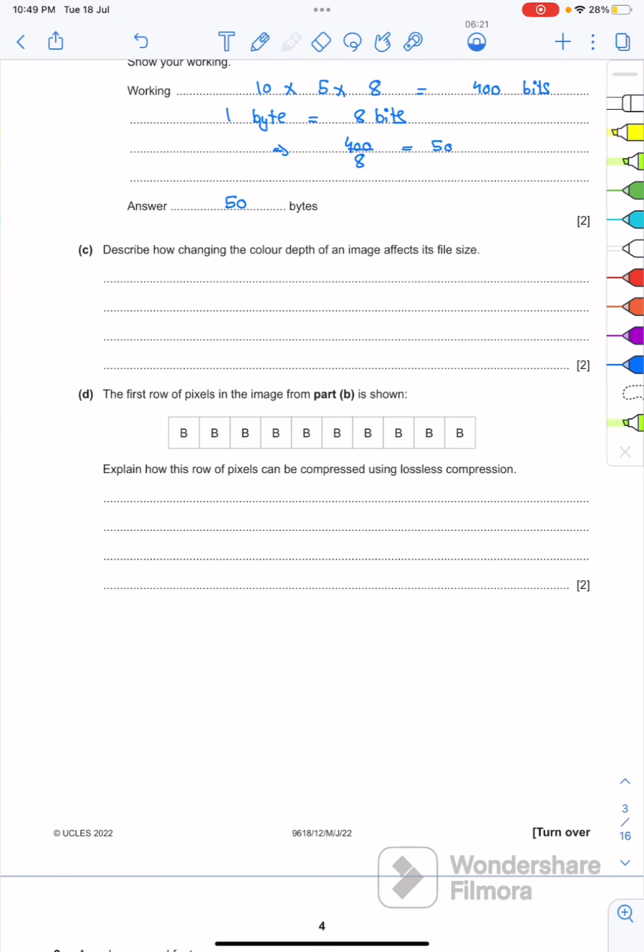So describe how changing the color depth of an image affects its file size. So this is a theory related question. So you're changing the color depth. How does it affect the file size? Now obviously you can answer this in two different ways.